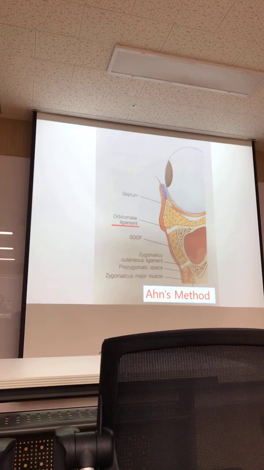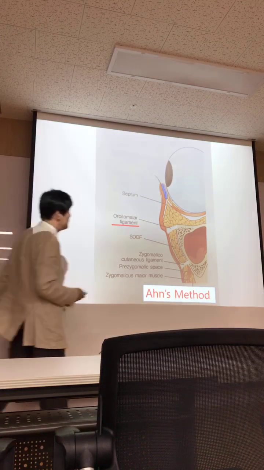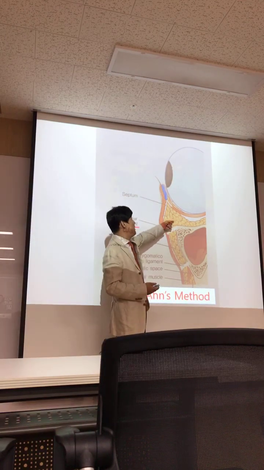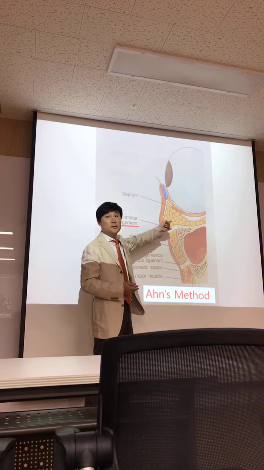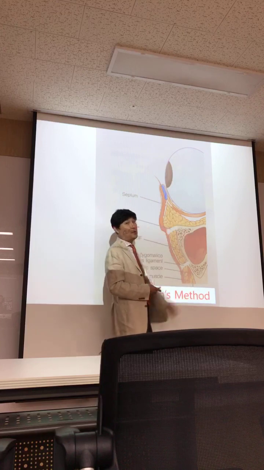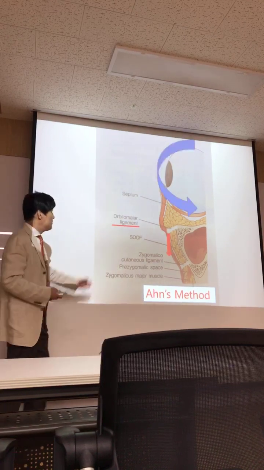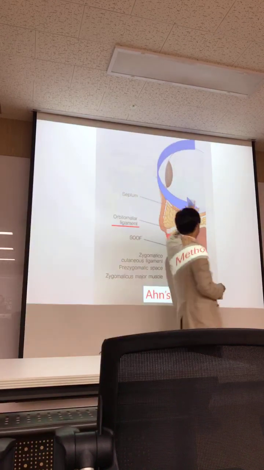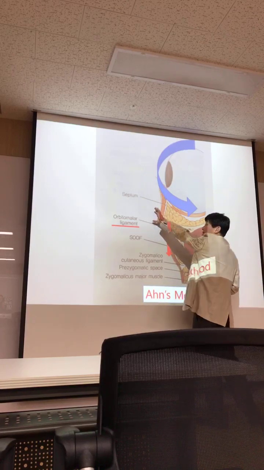But inserting a long needle into the eye bag is a little bit dangerous. So I made a safe method to protect the eyeball. If we press the eyeball, we can push out the fat.